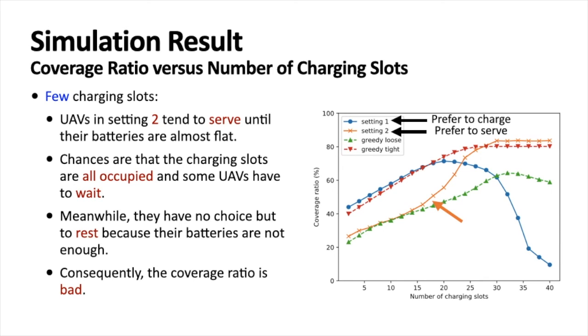Consequently, the coverage ratio is bad in setting 2. Yet, in setting 1, even though the charging station is full, a UAV may still have power to serve because it simply prefers to charge even when it loses just a bit of the power. As a result, the coverage ratio with fewer charging slots in setting 1 is better.